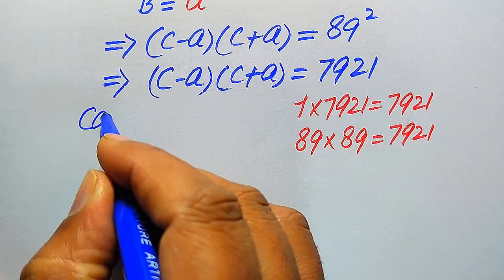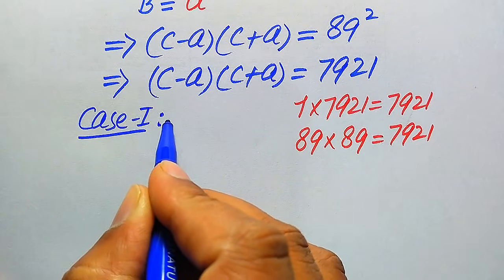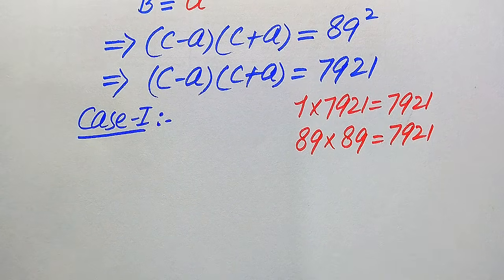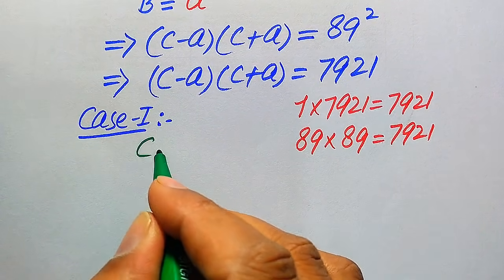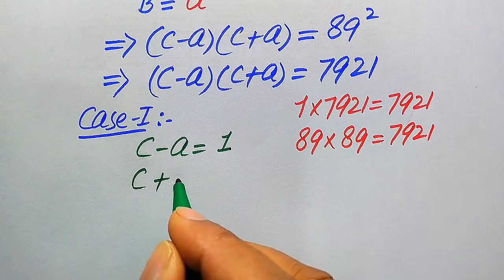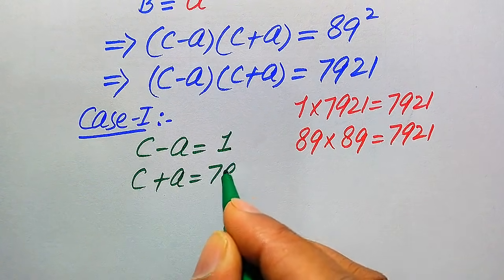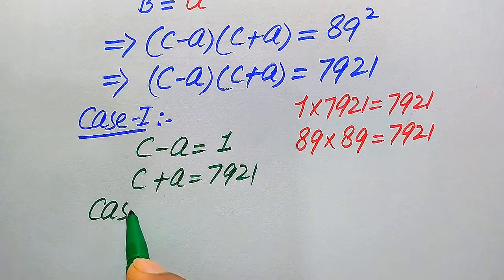Here I can write the first case. We compare our left hand side with these two numbers, and we write c minus a equals 1 and c plus a equals 7921.